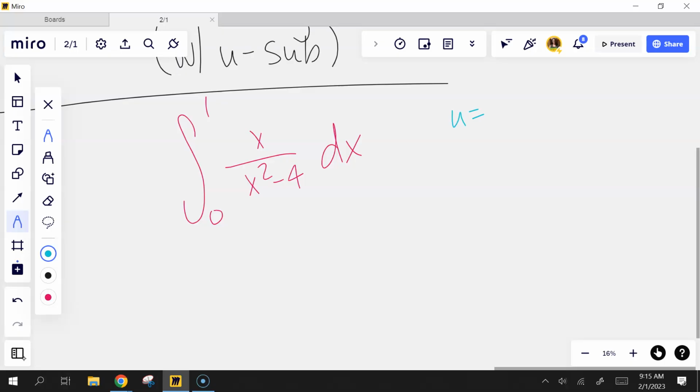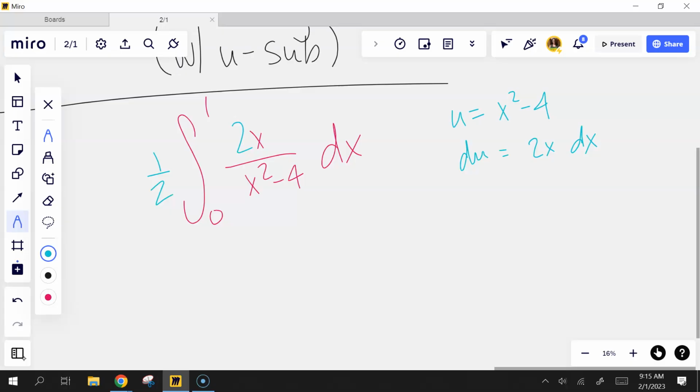Because look, if I let u be, what would you let u be? x squared minus 4. So what's du? 2x dx. So I need a 2 in here, which means I need a 1/2 out here.